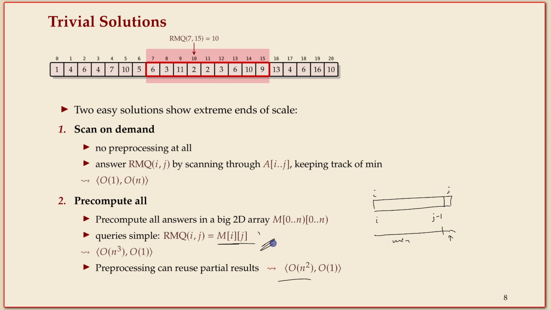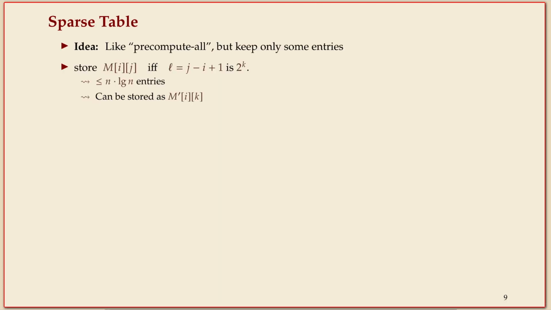But maybe there's an option to not store every single query, because that not only costs us space, it also costs us the time to compute all the entries, or even write the entries at least. And so that's what the sparse tables do effectively. They have another observation about the nature of this problem that allows you to reduce what you store a bit more.